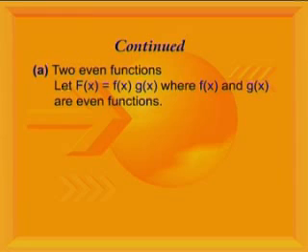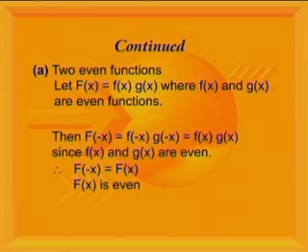First of all, taking two even functions, let capital F(x) be equal to small f(x) into g(x), and both f(x) and g(x) are even. Then capital F of minus x is equal to small f of minus x into small g of minus x.